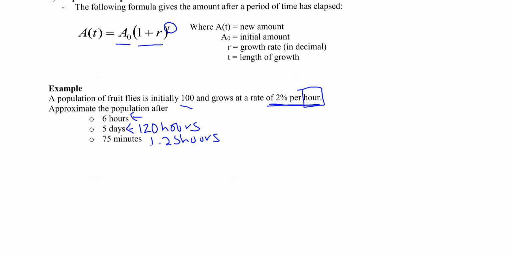So for the first one, we'll do 100 times 1 plus my rate, which we'll write as a decimal, so 0.02, raised to the 6th power.